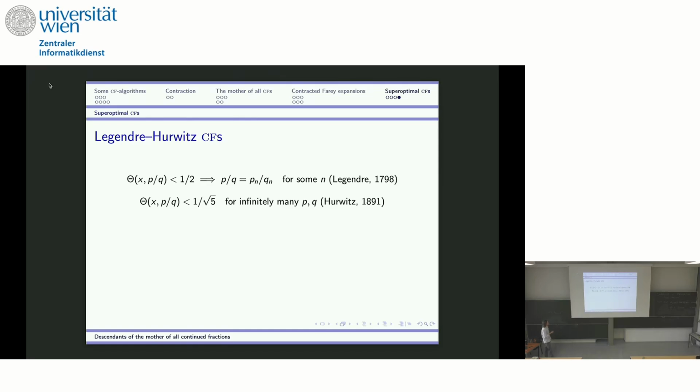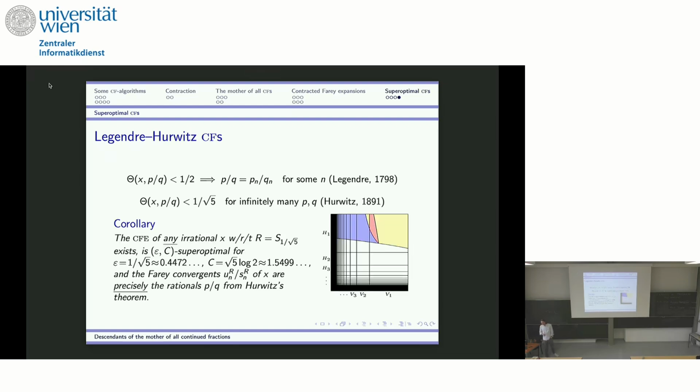And the second result is due to Hurwitz, and it states that for any x, there are infinitely many rationals p over q for which the approximation coefficient is less than 1/√5. So with Hurwitz's result together with Legendre's result, we find that these rationals p over q that satisfy this criterion must in fact be regular continued fraction convergents of x.